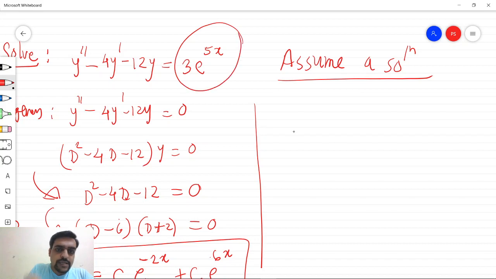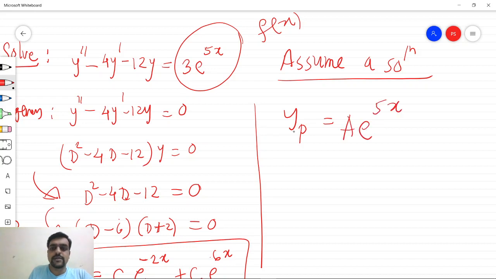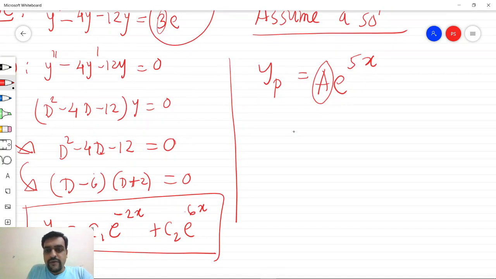Now looking at this particular form of f x, it is perfectly acceptable to assume a solution, say yp equal to a e raised to 5x. So we are replacing this 3 by an unknown constant a. Now if we differentiate this, we get yp dash equal to a times e raised to 5x into 5.